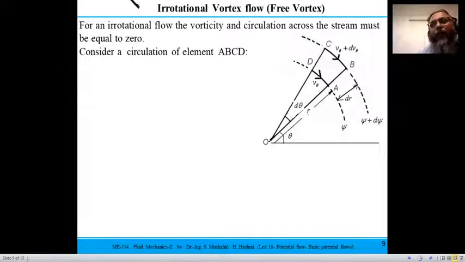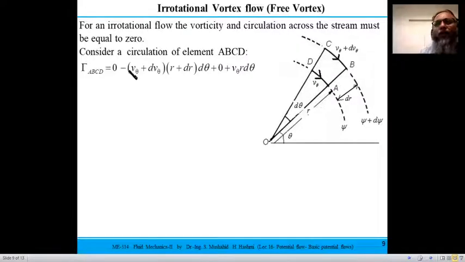So we just calculate here the circulation for this contour A, B, C, D. For AB, there is no component of velocity, so the velocity is 0. And for BC, because I am calculating circulation in the anti-clockwise direction, my velocity is in the opposite direction, so that's why I put a negative sign here.